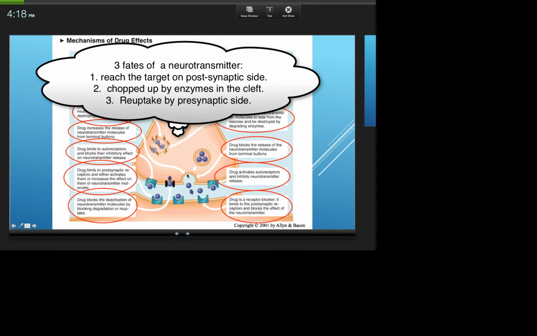One more time: it can be reuptaken and reused, it can be chopped up by the enzymes, and there will be a slide about this later too, or it'll hit the target receptor.